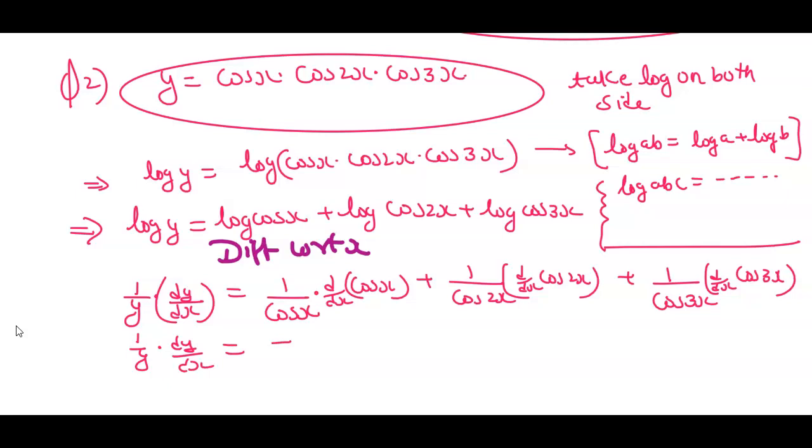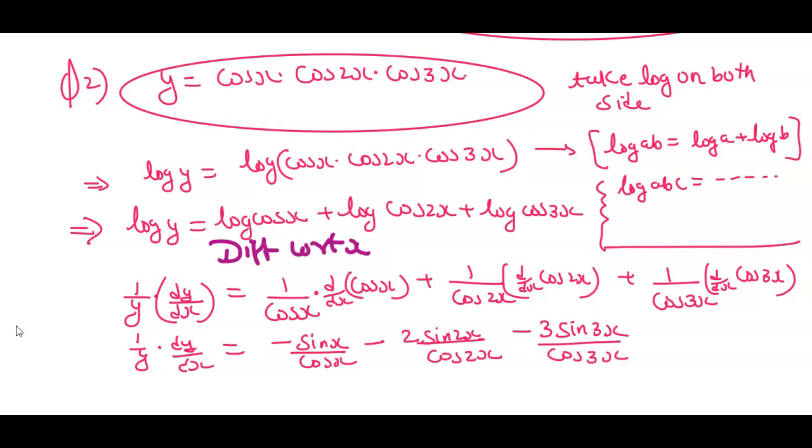Derivative of cos x is minus sin x upon cos x, minus 2 sin 2x upon cos 2x. Then we have minus 3 sin 3x upon cos 3x.